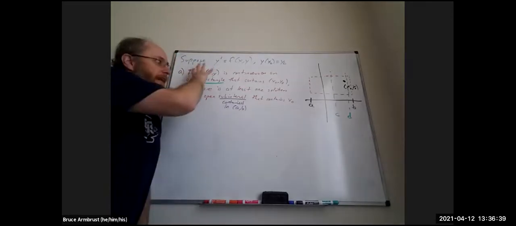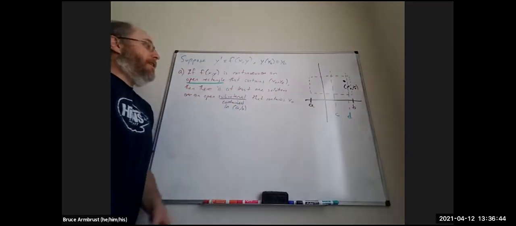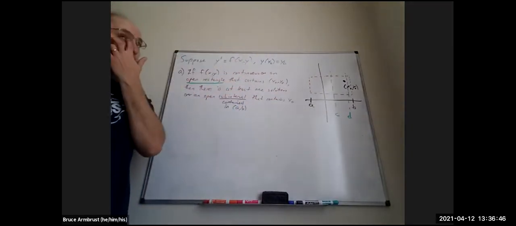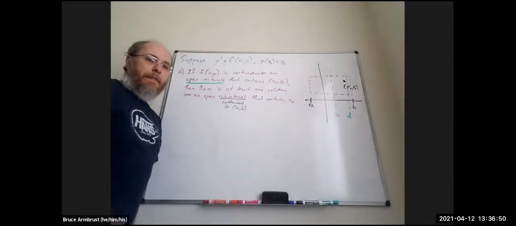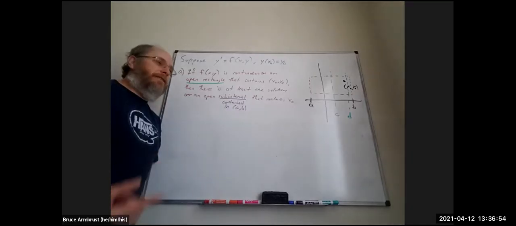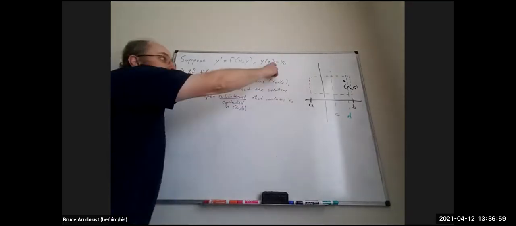All right, so that's what this first part is saying. You're going to look at your function, whatever y prime is equal to, and ask, is this continuous? If it's continuous everywhere, then you're guaranteed a solution no matter what your initial condition is.